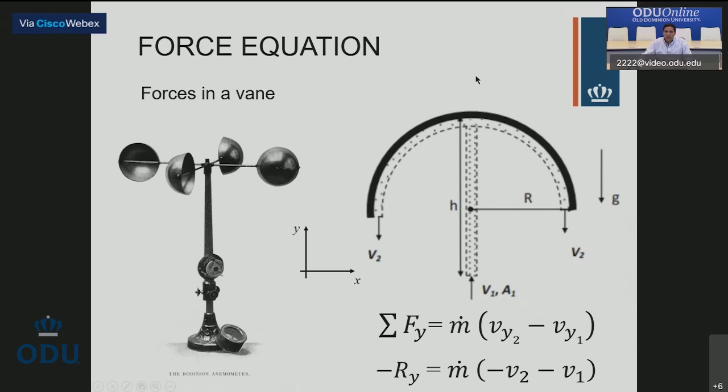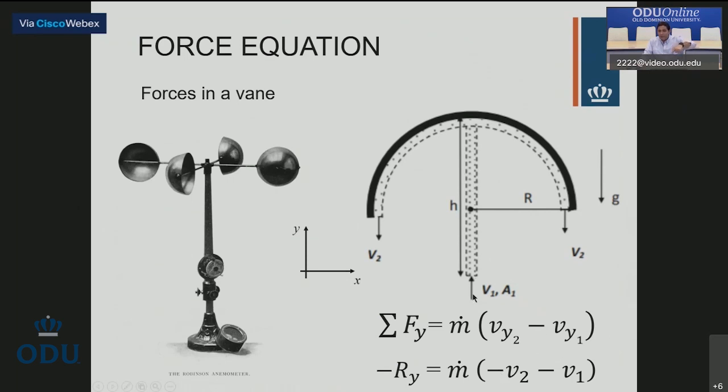The only force here is Ry. I don't have pressure because it's open to the atmosphere, and I'm not going to consider weight either. Remember that the object is working against the fluid, so Ry is pointing downward. That's why it's negative. And this is the velocity at 2 in the Y direction. This is V2, but it's pointing downward, so it's negative.